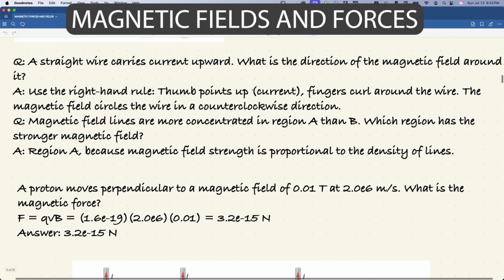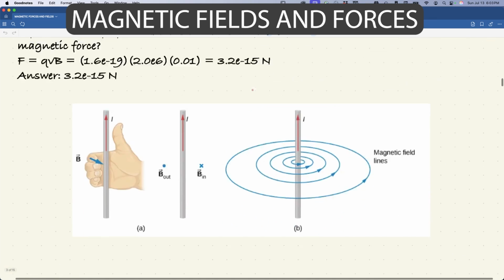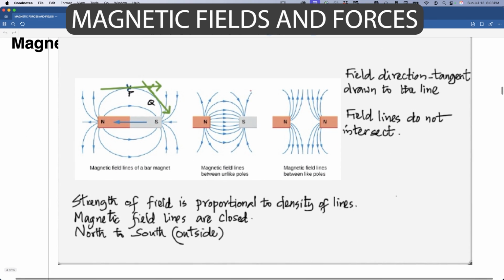Now, going back to magnetic field lines, I wanted to show you the picture of magnetic field lines here. So this is a bar magnet, and you can see that magnetic lines are always from north to south outside the magnet and from south to north inside the magnet.